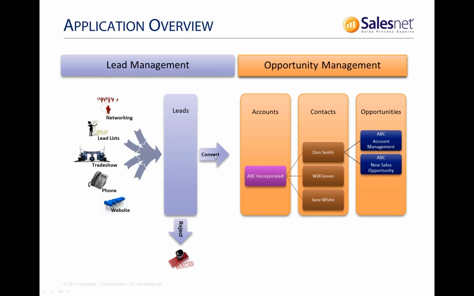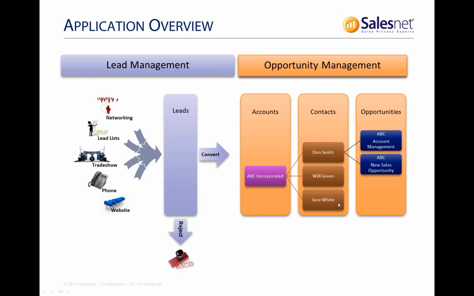And so we can make two decisions out of the lead area, which is convert it into an account, contact, and opportunity, a potential customer to walk through a sales opportunity, or we can reject it out of the system and archive it so that we can start getting some ROI on, well, we had 500 leads and we rejected 400 of them, how many did we convert?